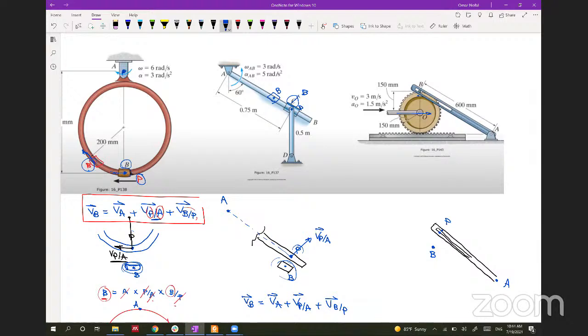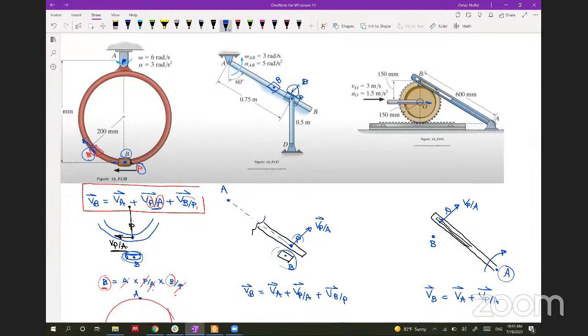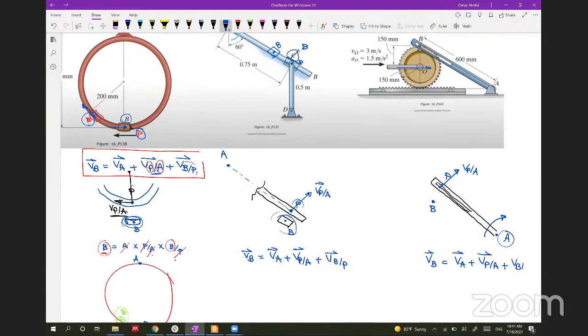So this will keep going down, and B will slip on P. So you will have VB equal to the velocity of A plus VB with respect to A, this point with respect to this point. If we know that A is moving this way, this will be VB with respect to A plus VB with respect to P here. At some point this point will come here, but here is the point P, and this is the other P. So this is how we can construct our equation.